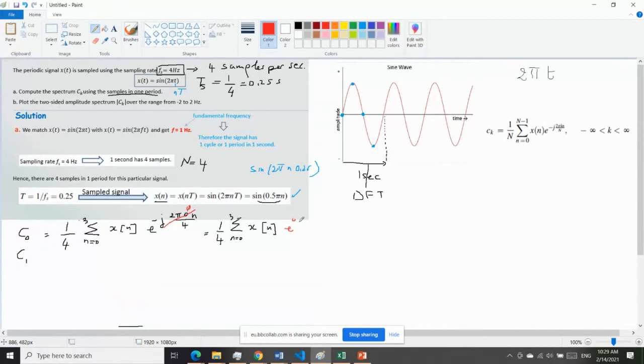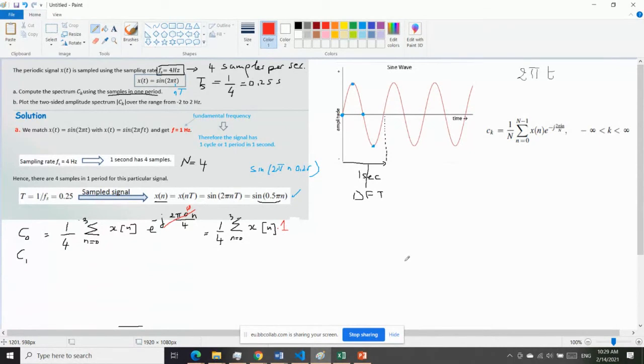So what is e to the power of 0? Anything to the power of 0 is 1.